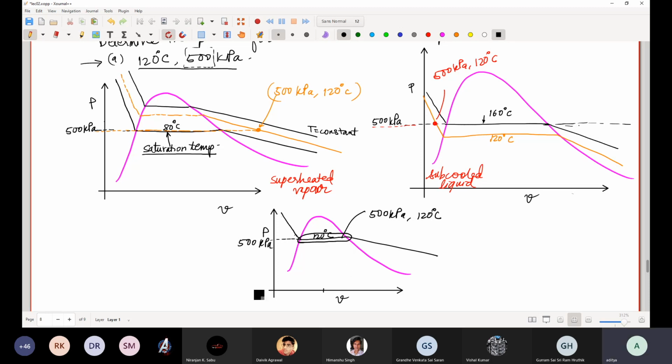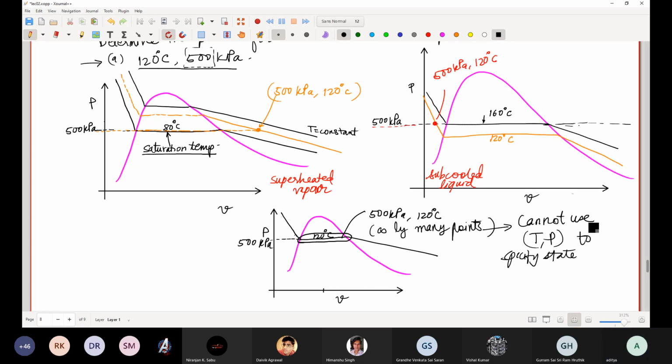Is this discussion clear? Infinitely many points. So we cannot use temperature and pressure to specify state. Is it okay? Whatever I've just said so far, is this fine?